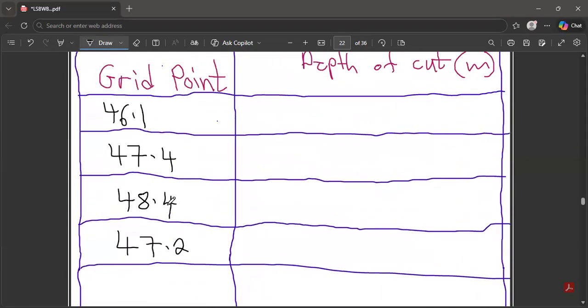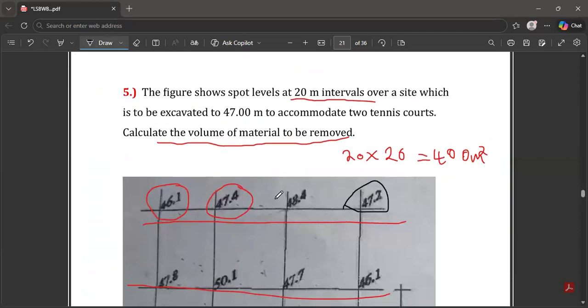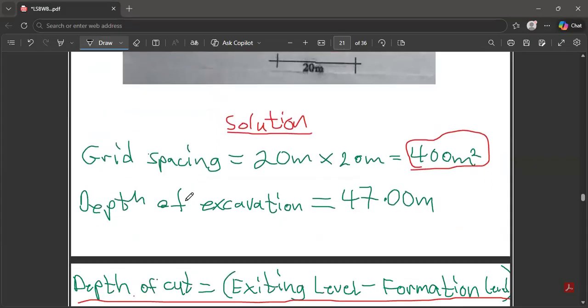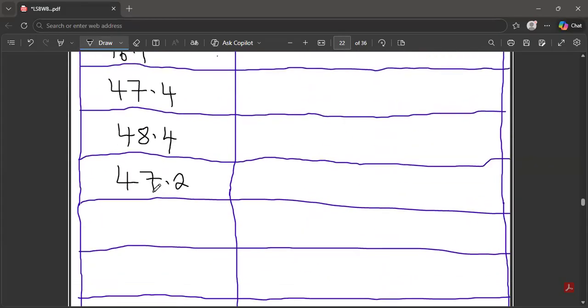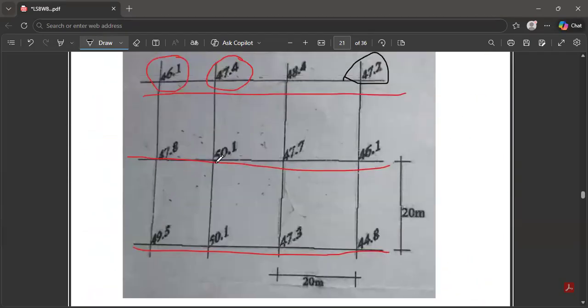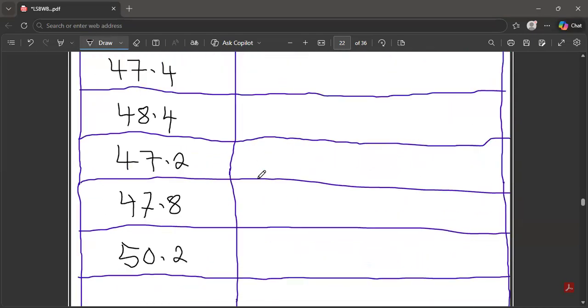47.2. You see, we entered first for 1, 2, 3, 4. So I can take the next: 47.8, 50.1. It's continuous like that. So this is 47.8, 50.2. Also, it's actually 50.1 and also 47.7.